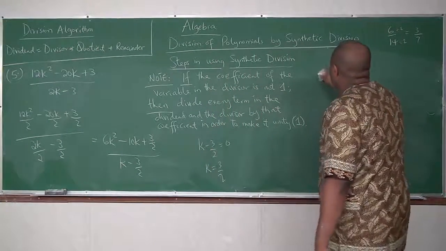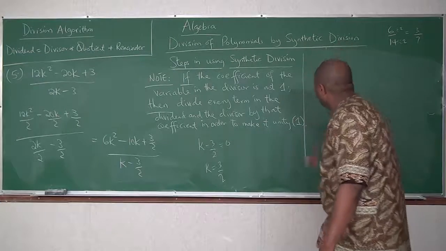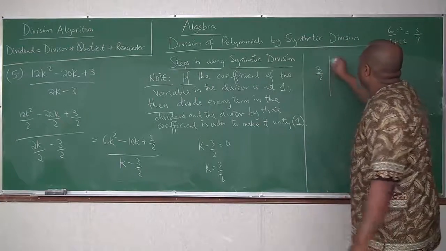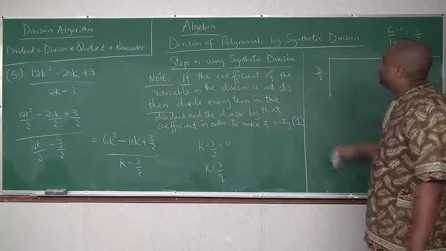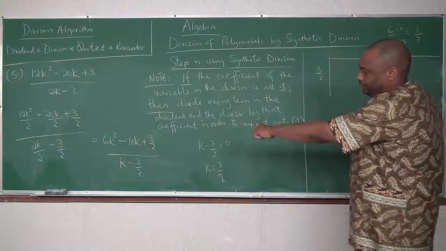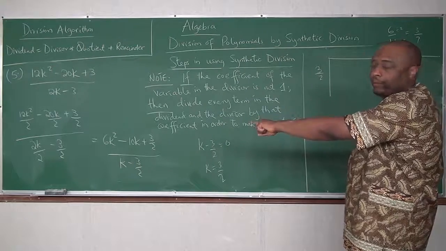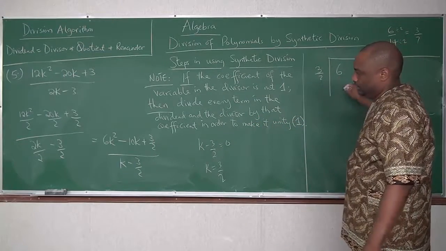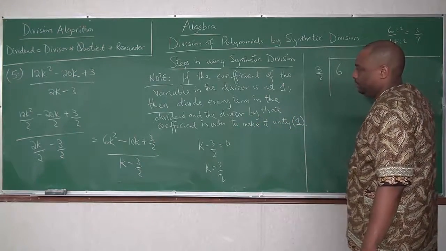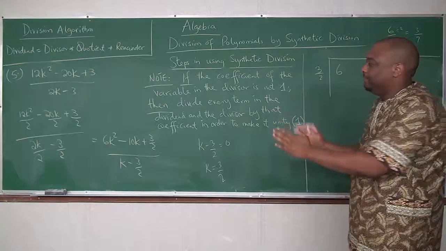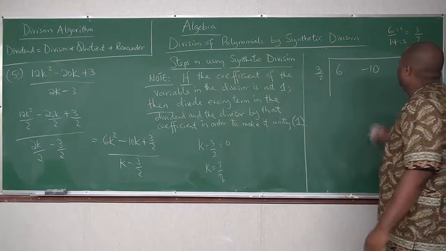So I come here and write 3 over 2. I write the coefficients of the numerator: 6, minus 10, because it's complete, and then 3 over 2.